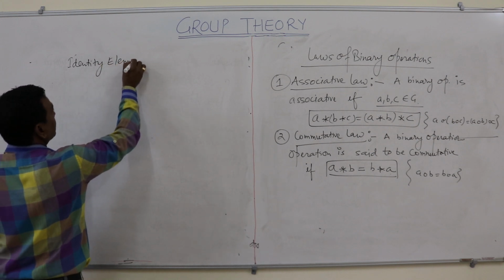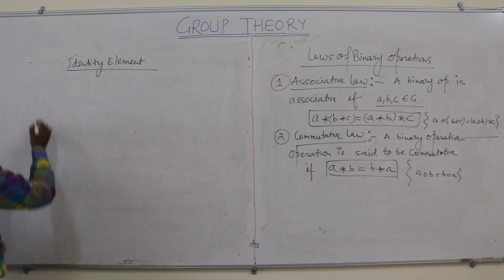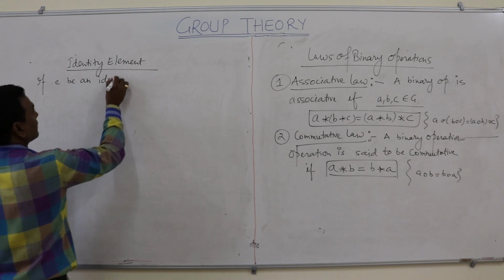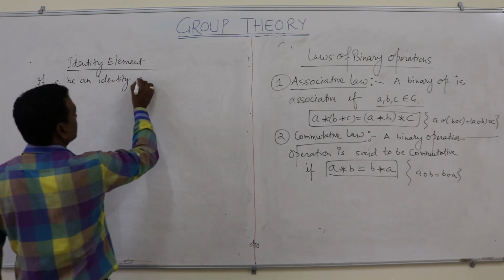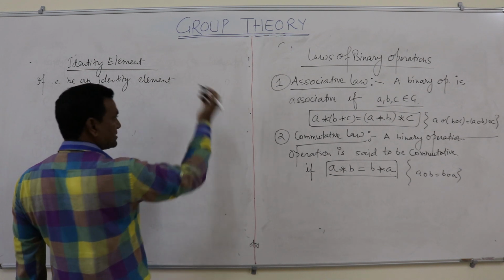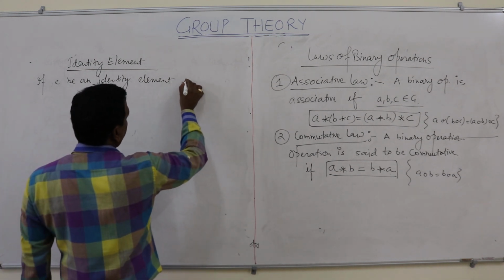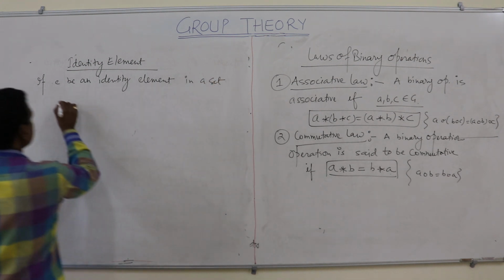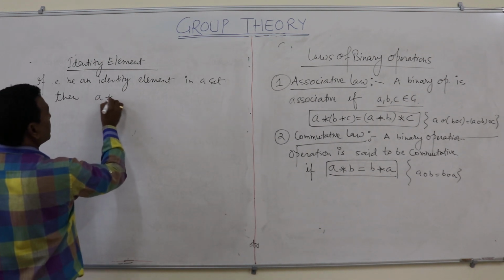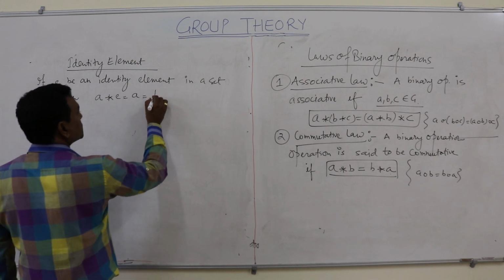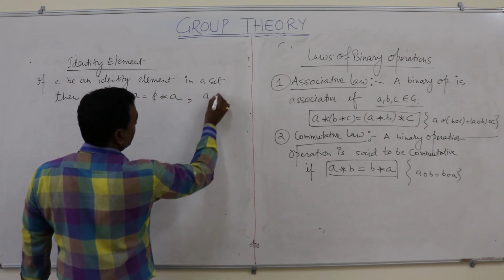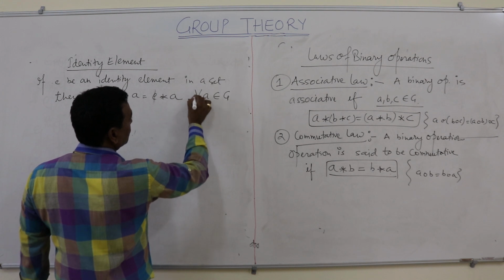If e is the identity element that belongs to a set G, then a into e equals a equals e into a, where a belongs to G, for all a.